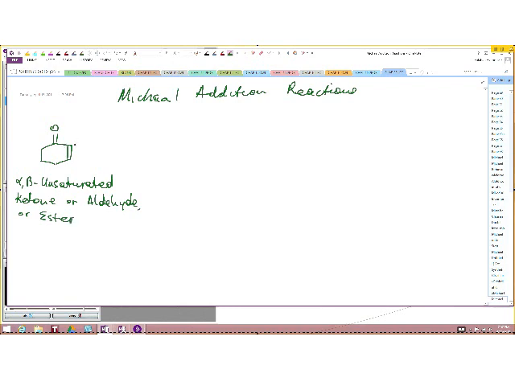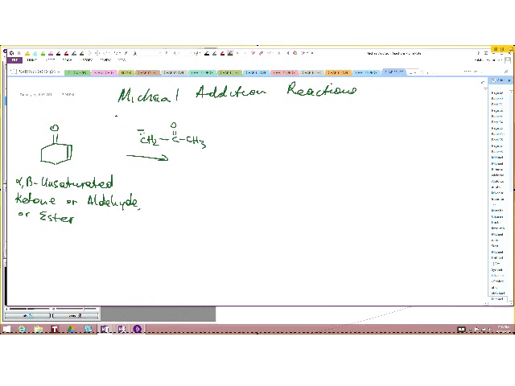Okay, this is the alpha position and this is the beta position relative to this carbonyl right here. Now, say I generate this enolate anion. I could generate this enolate anion by taking acetone and reacting with hydroxide in the presence of ethanol as solvent.